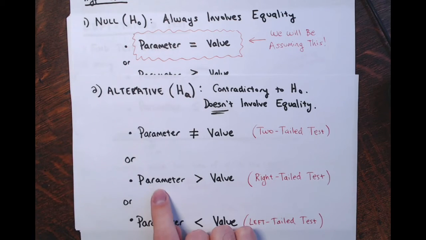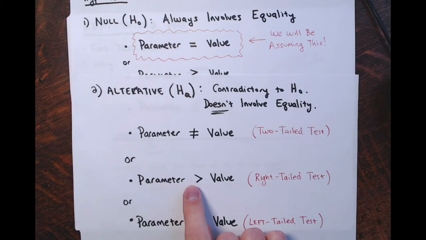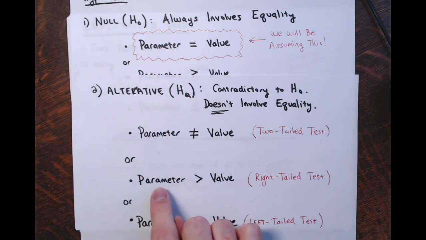Or the alternative hypothesis could look like this: the parameter mu or p or whatever is greater than some specified value. Being greater than means being to the right on a number line. So if your alternative hypothesis looks like this, then you're performing a right-tailed test.